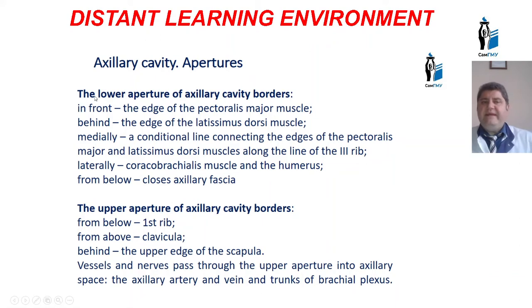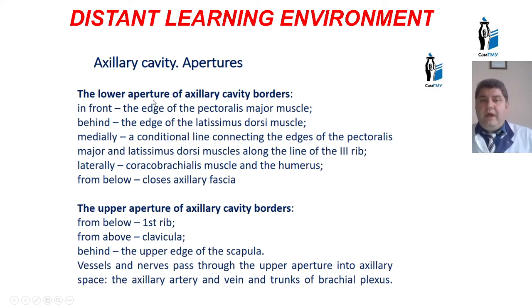You may see the apertures, the upper aperture of the axillary cavity and the lower aperture. So the upper aperture has borders: the first rib, clavicle, and also the upper edge of the scapula.